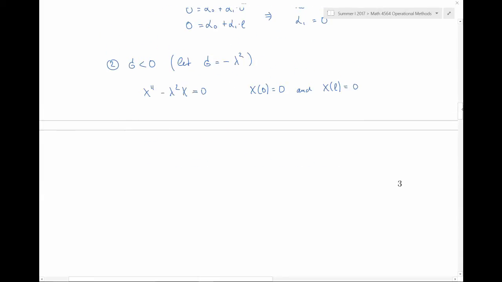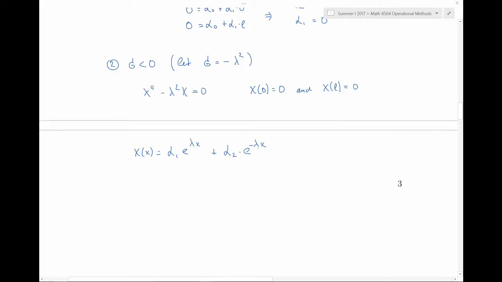If you remember how to solve second-order equations with constant coefficients, you remember that you have to write the characteristic equation and find the solutions. And if you do that, you'll get that X of x is a linear combination of two exponentials, alpha 1 times e to the lambda x plus alpha 2 times e to the minus lambda x.